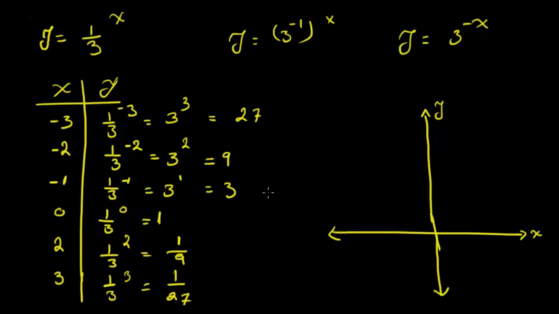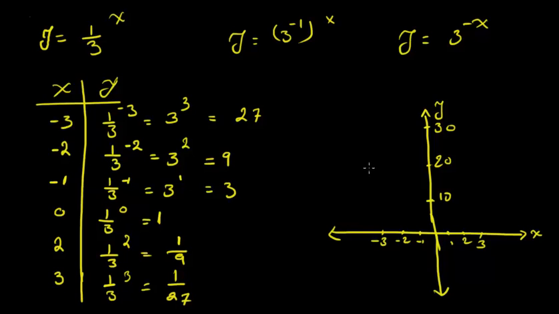We have -1, -2, -3, and 1, 2, 3. Because we have numbers up to 27, we can use the unit 10. So it's 10, 20, and 30.